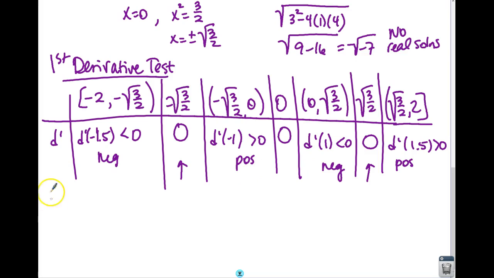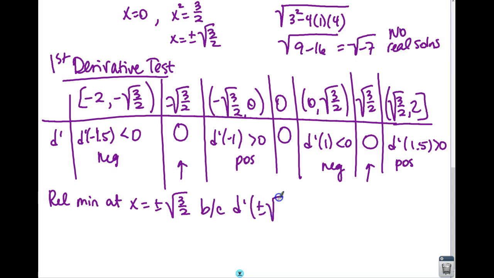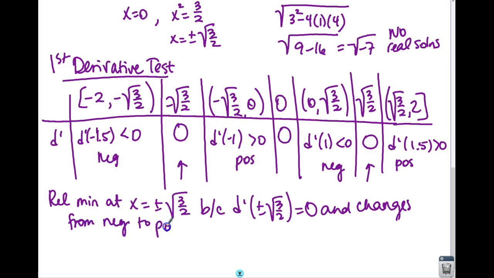So then we know that we have a relative minimum at x equals plus or minus √3/2 because D prime at both of those is equal to 0 and changes from negative to positive.